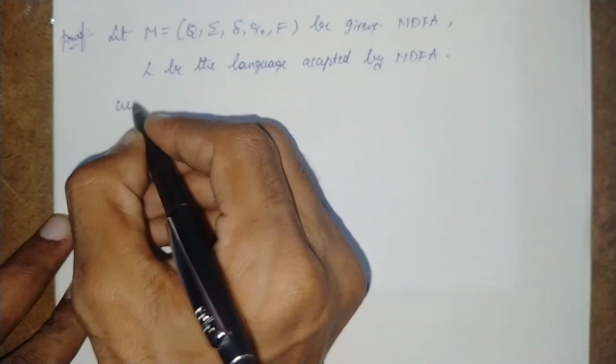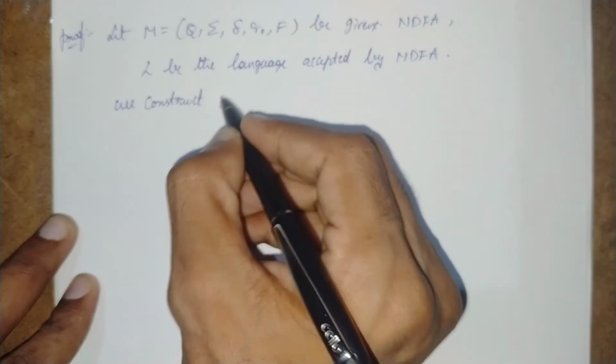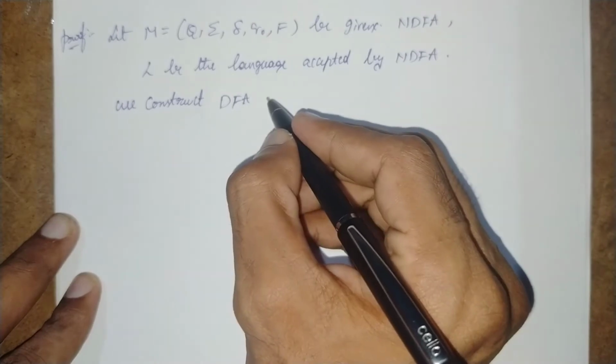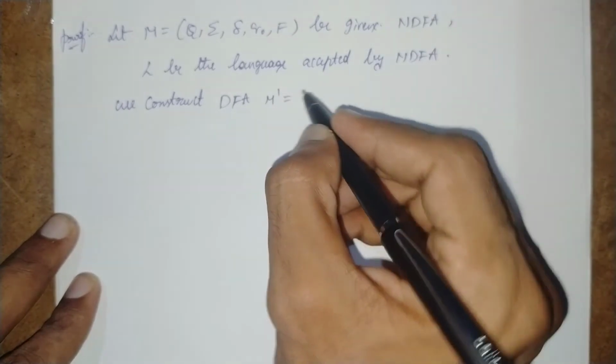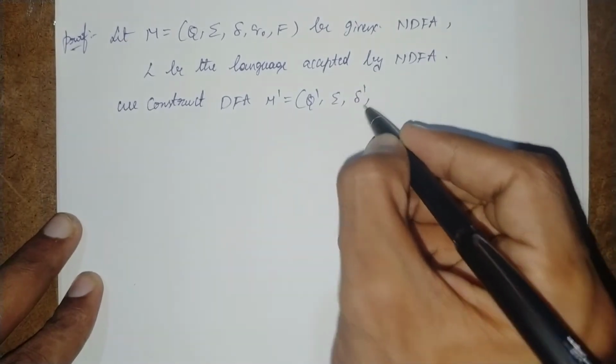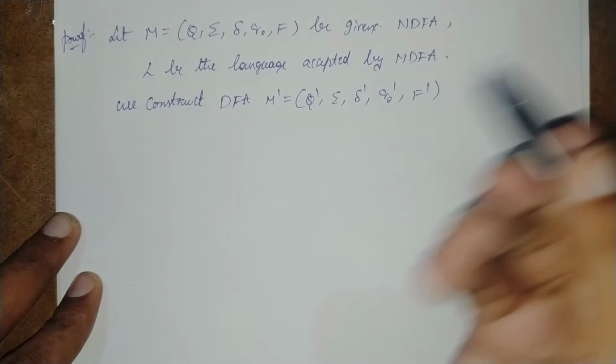Now we construct a DFA, that is, a deterministic finite automaton. It can be written as M dash, Q dash, sigma, delta dash, Q0 dash, and capital F dash.